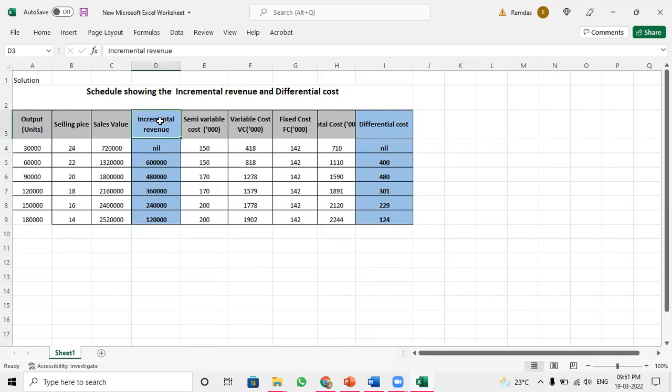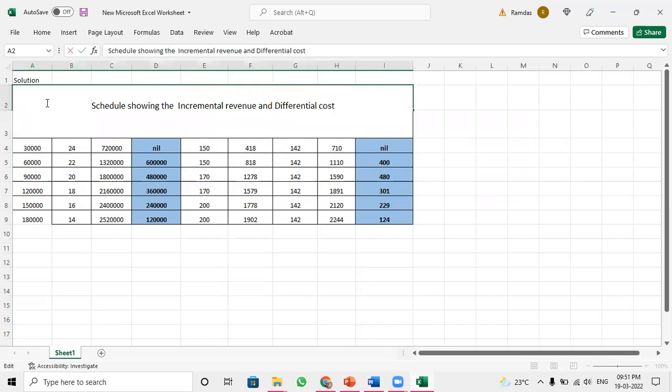That means we compare only the incremental revenue and differential cost. This is the first part of the answer, and we are done with it.